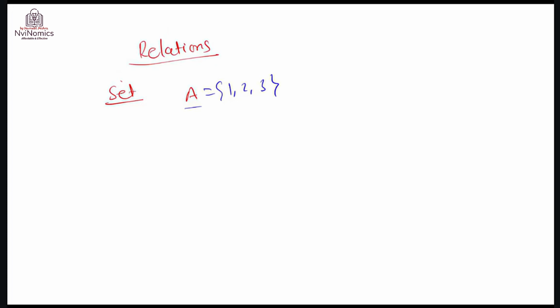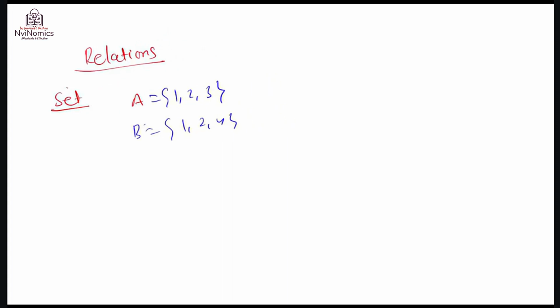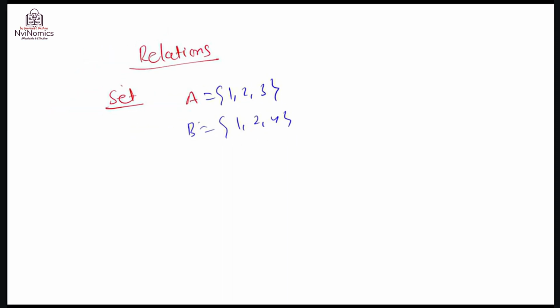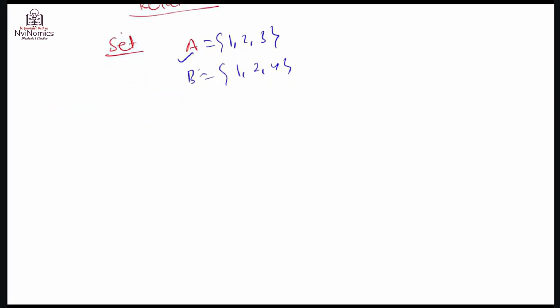Okay. So here A equals {1, 2, 3} and B equals {1, 2, 4}. Here you can see this is set A and this is set B. Now we are going to learn a relation.